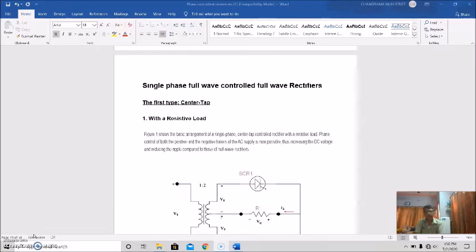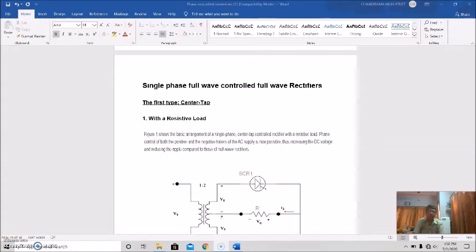We have discussed these half wave converters with resistive load, with resistive inductive load, with resistive inductive load along with a freewheeling diode, and also we have discussed this single phase controlled rectifier with RLE load.